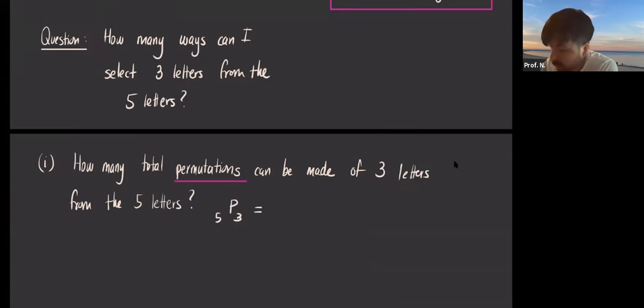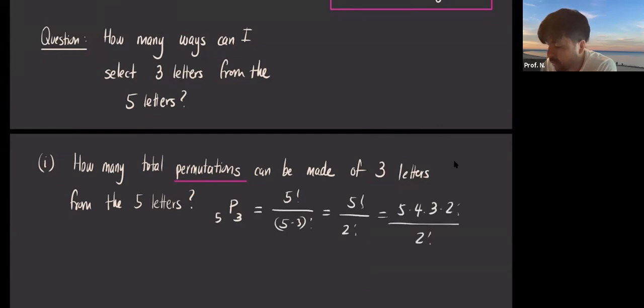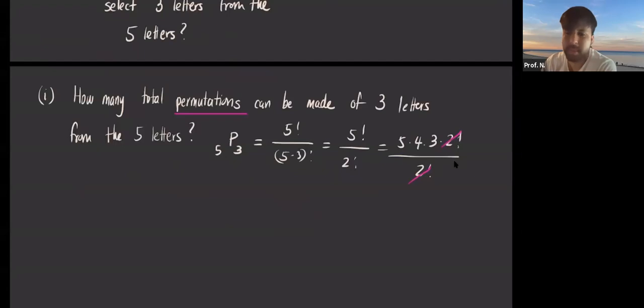Which is what? 5 factorial over 5 minus 3 factorial, which is 5 factorial over 2 factorial, which is 5 times 4 times 3 times 2 factorial over 2 factorial. Sorry, a little messy. The 2 factorials cancel, or you could just multiply 5 times 4 times 3, which is fine. And so how many ways is that? There's 60 permutations.